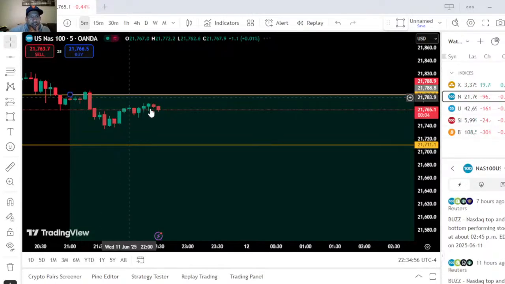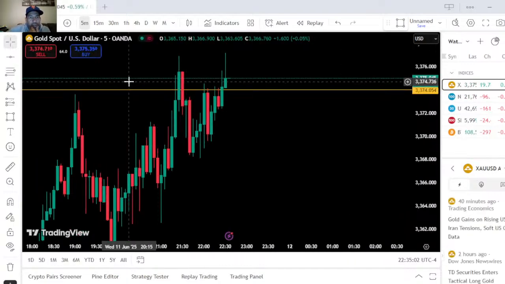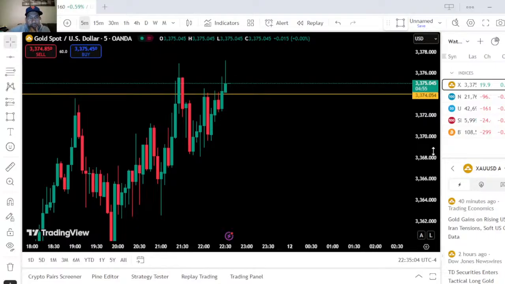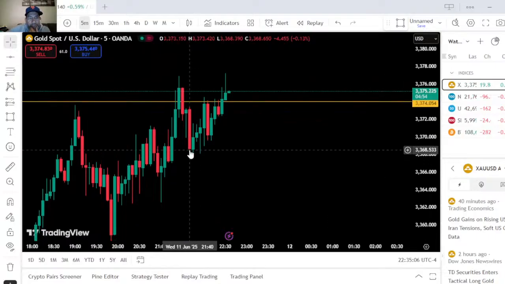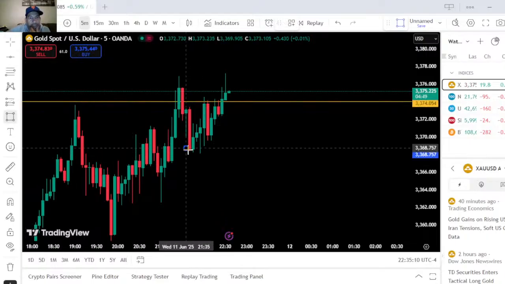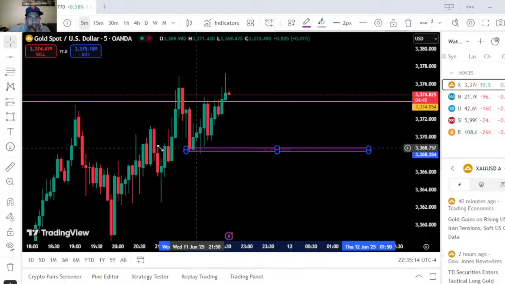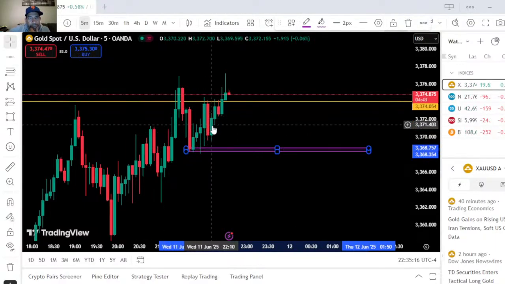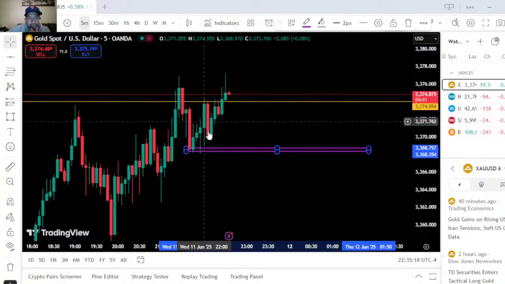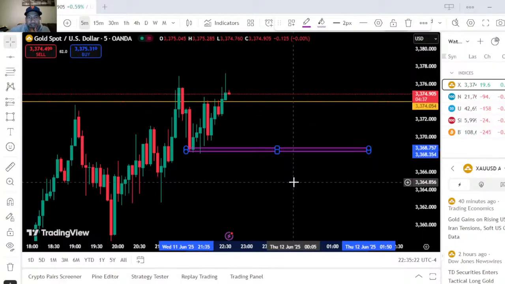At the bottom where it closed. Oh, let's see. Oh wait, this is NASDAQ. Let's see. Ah, down here. Yeah. There it is right there. And then boom. That's a nice little run up here. Like 50 or 60 pips.